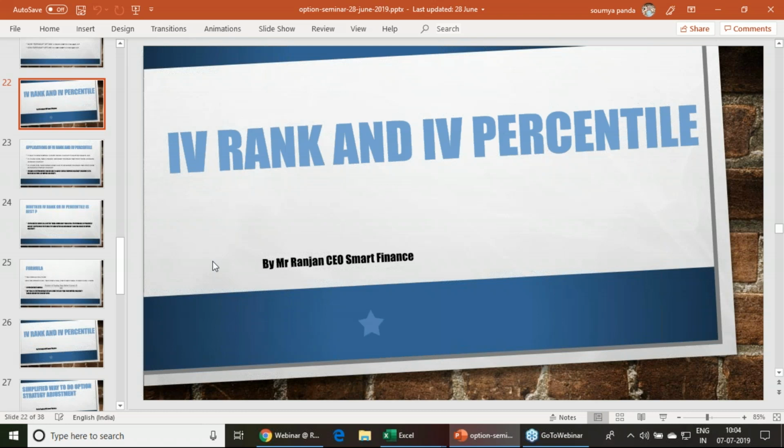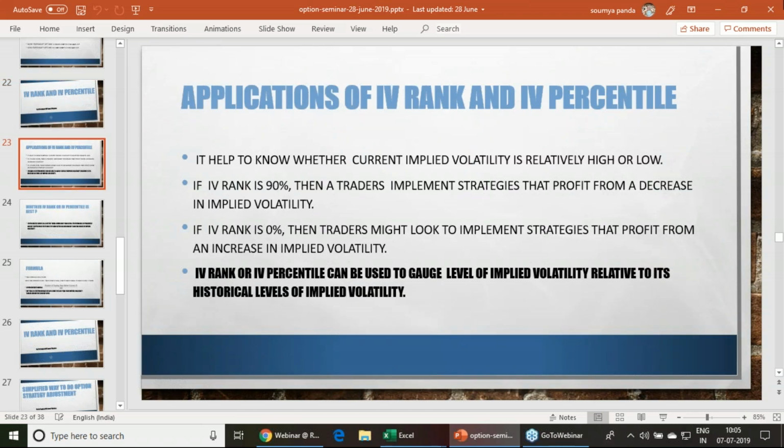But as far as the original formulae of IV rank or IV percentile is concerned, to implement this concept into your trade, or put it into your trade idea, it is slightly difficult. Why is it difficult? It will be reflected from the formulas of this IV rank and IV percentile. Simple formula, but it has a great lot of implications.